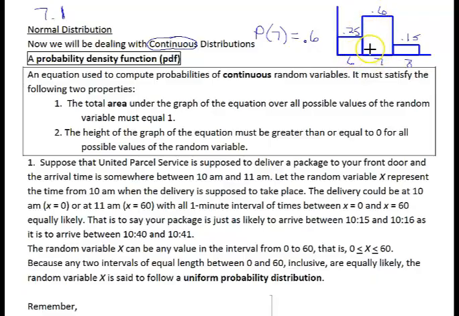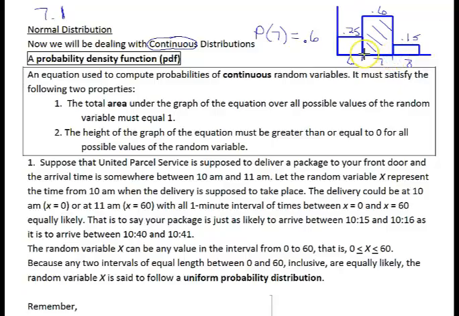But what we're really doing is taking the area of this bar, because think about what an area means. Area means base times height. And so how big is this base? Well, this goes from 6.5 right here to 7.5.